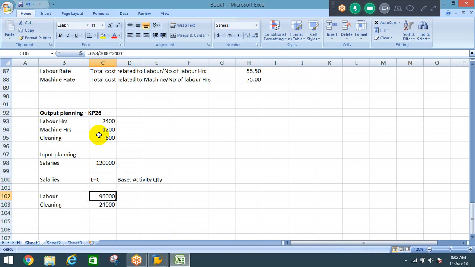So 1,20,000 will be distributed to 2 activity types based on its quantity.